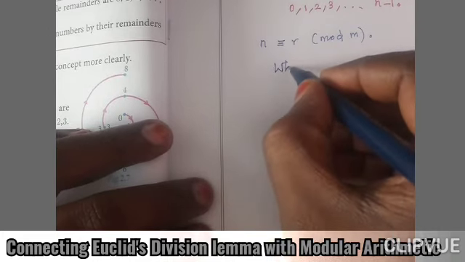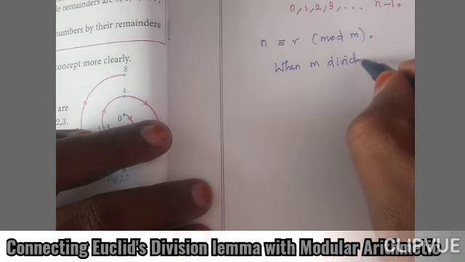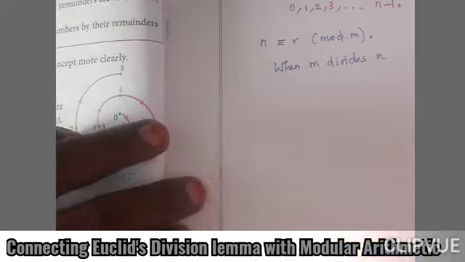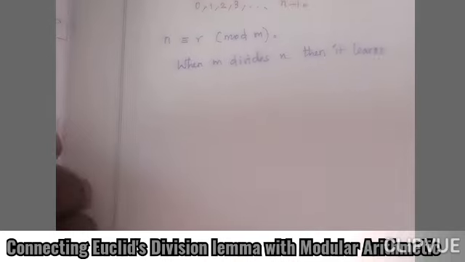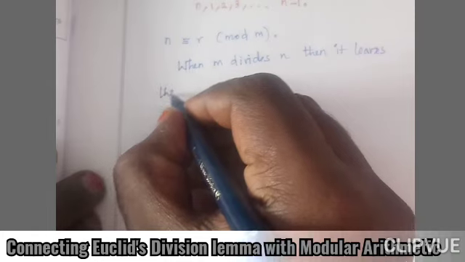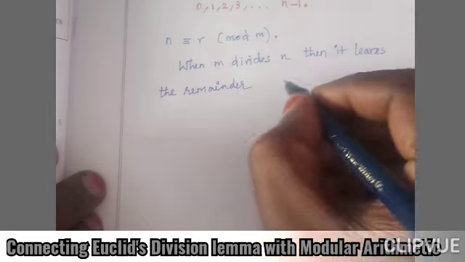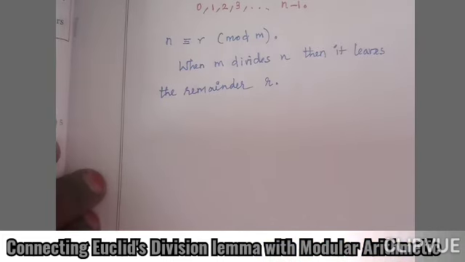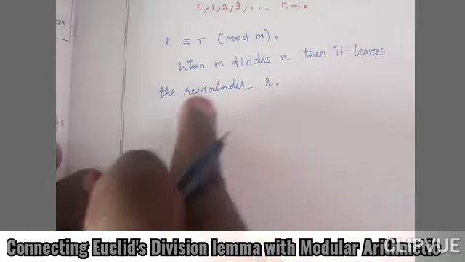When m divides n, it leaves the remainder r.